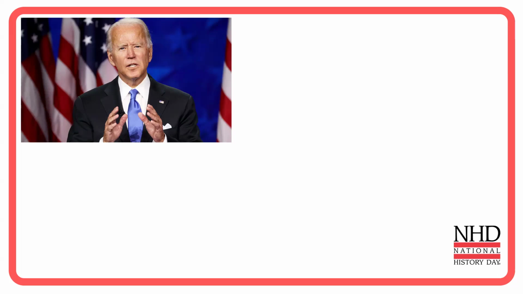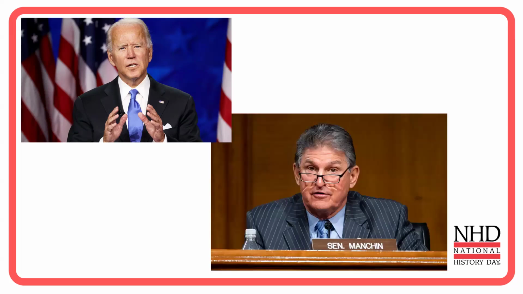I would go out and say that in 2021, Joe Biden was the most influential national Democratic figure in the United States. I would say that the second most influential Democrat in the United States was Joe Manchin, the senior senator from West Virginia, which is kind of interesting.